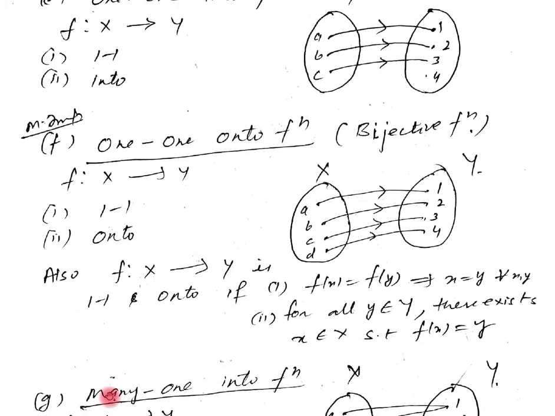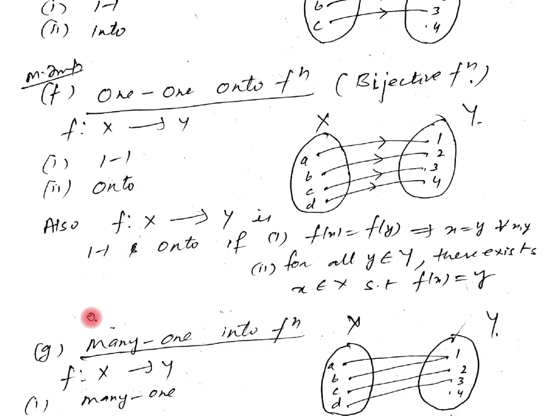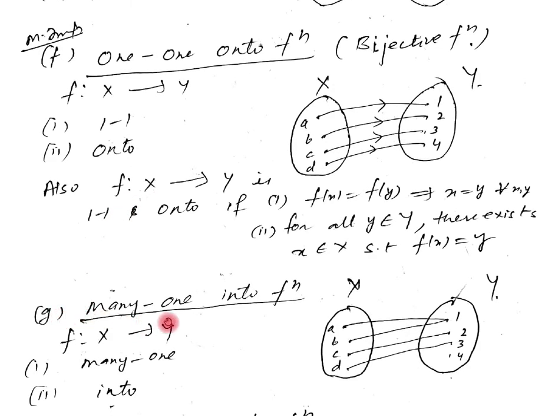Now here are another two types of function, but the most frequently used in our question is one-one onto function. Now the next is many-one into function. As the name indicates, many-one and it should be into. Many-one means different elements have the same image. Into function means there is at least one element in y which does not have its pre-image in x.